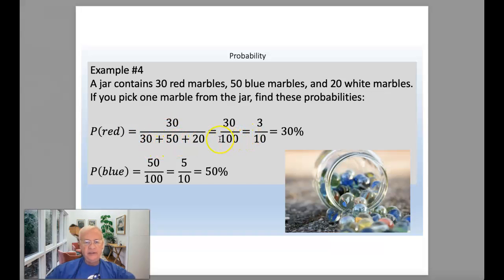That's the denominator. And of those, 30 of them are red. So 30 over 100, 3/10, or 30%. The probability of picking a blue marble: again, the denominator is 100, and there are 50 blue marbles. So it's 50%, 5 out of 10.